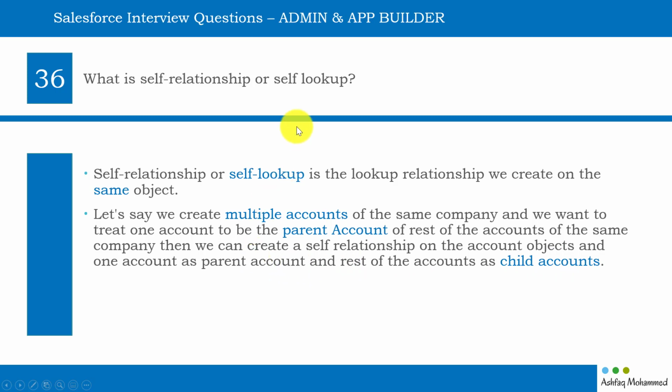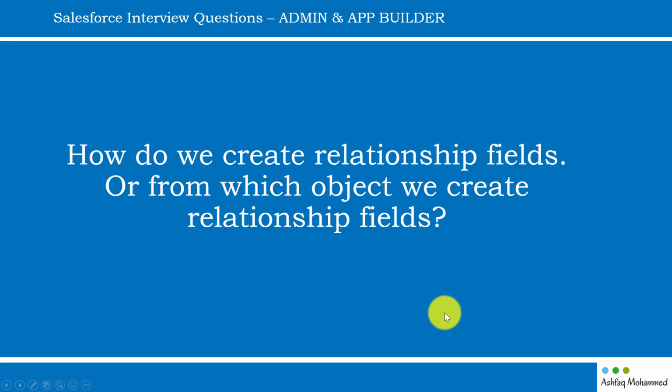For example, I have a company called ABC and three different branches, ABC1, ABC2, and ABC3, and I want to give the parent as ABC. Then you can form this using the self lookup relationship. Go ahead and try it on some other object, but for account, Salesforce makes this relationship available by default, out of the box: account self looking up to account.